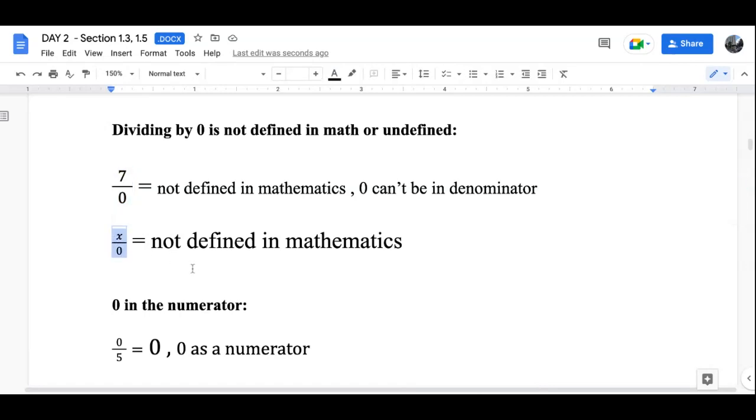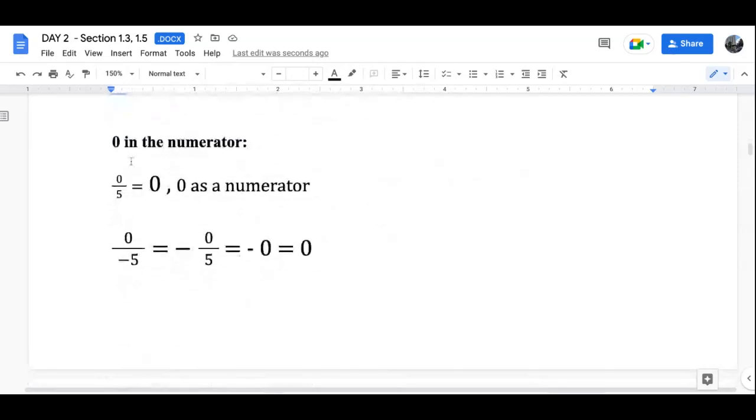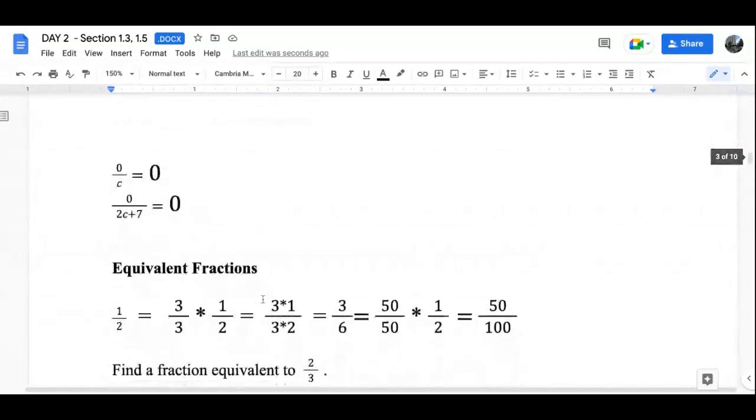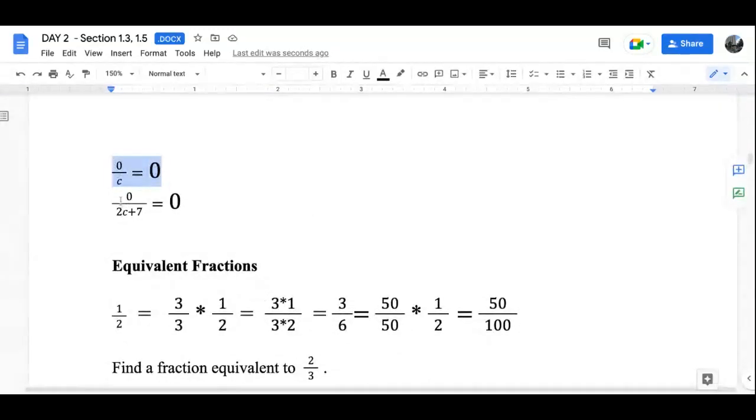Denominator will never be 0. But 0 can be in the numerator. So 0 apples shared by 5 people. How many apples does each one get? Each one gets 0. Each one gets no apples. So numerator can be 0. 0 divided by -5, -0 is still 0. 0 divided by anything will be 0.